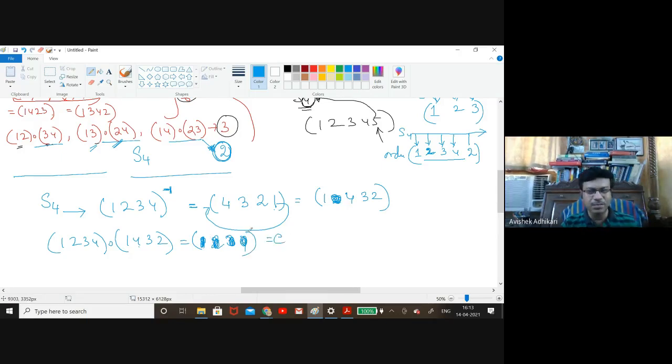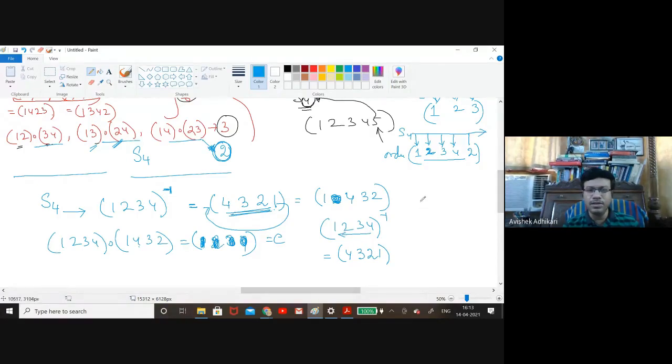Now this is a very simple way to do that, but you need to do it properly. You have to develop the theoretical justification for that. How did I write this 1 2 3 4 inverse? Just start with the reverse way. Start with 4, go to 3, then 2, then 1. He just told me in that way. And that is the inverse of this.